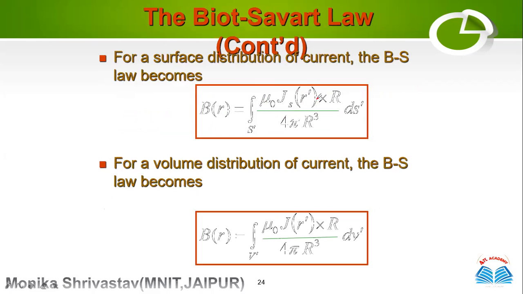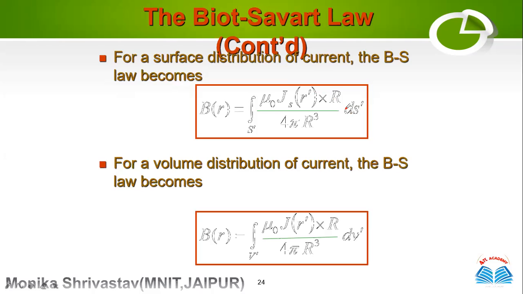If anywhere you see the name surface current density, then you will use the notation Js, and this dS is for your unit surface element. And I have told you that mostly this equation will be followed for conductors.